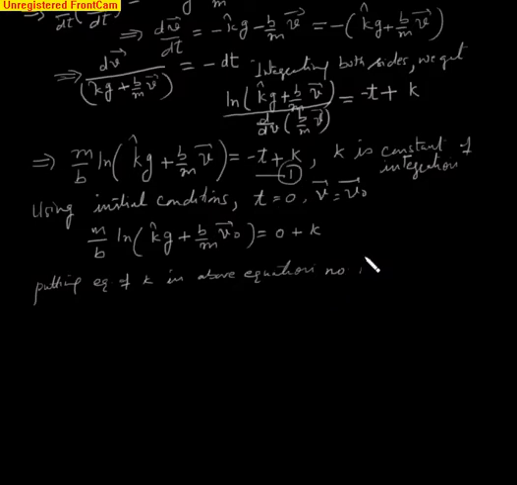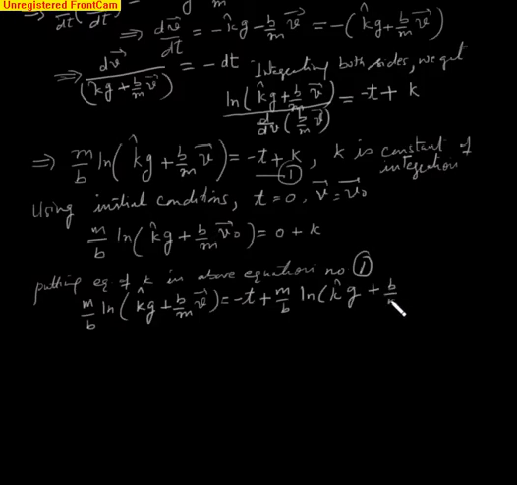So in equation 1 we will write m over b as it is, log of (kg plus b over m V), equal to minus t, which is already there, plus k from the value here, that is m over b log of (kg plus b over m V naught). So this is the value we get. Here we have V, here we have V naught.